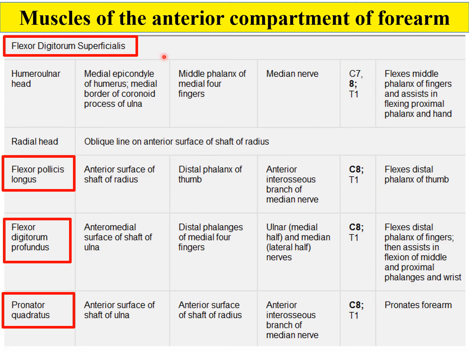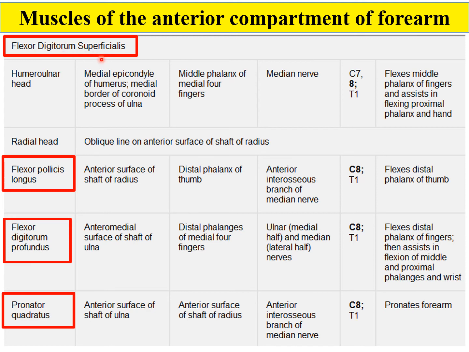Then below them, or in between them, is a muscle known as flexor digitorum superficialis. Flexor, it will flex. Digitorum, it will go to the digits, so it will flex the digits. Superficialis means there is also a muscle which is deep, that is profundus. Because we have two muscles for the digits, the digitorum superficialis and the digitorum profundus, they are named according to their arrangement.